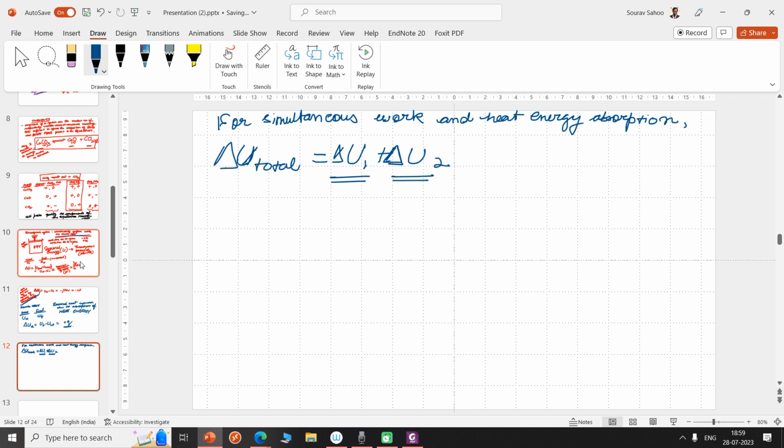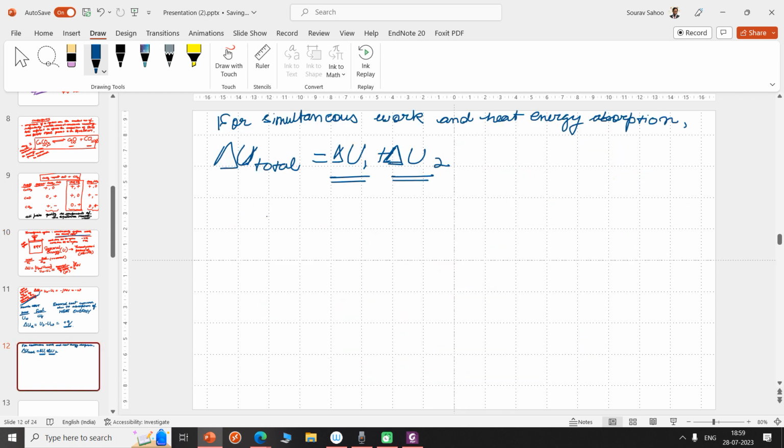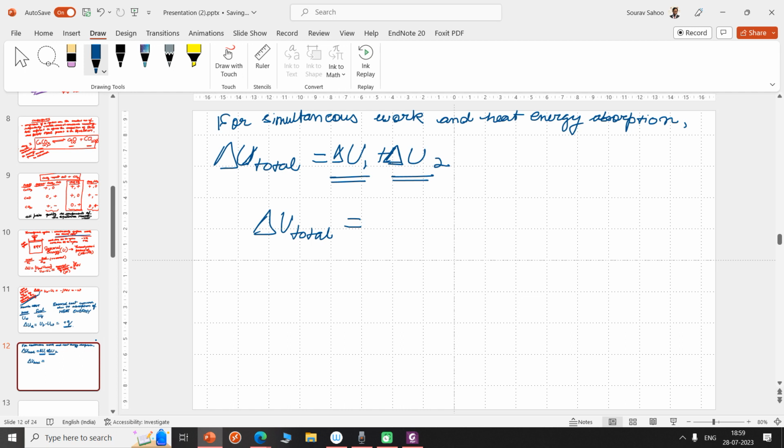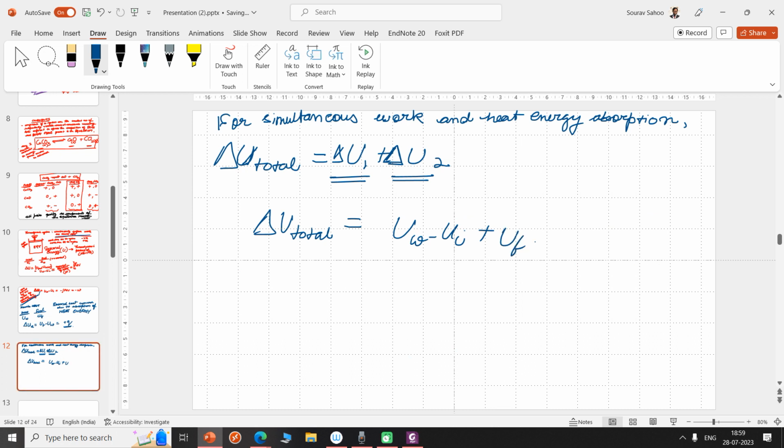So we have seen in the initial part that delta U total is equal to delta U1. The value of delta U1 here was UW minus UI, and if we add UF minus UW, they cancel and we have UF minus UI.